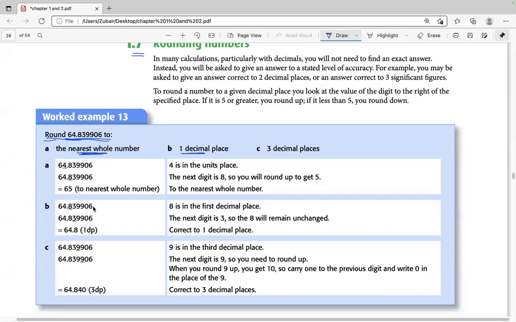One decimal place: 64.8. Correct. Three decimal places: 64.840. Correct. This 9 is rounding up, and that rounds the other number again because we cannot write 10 in that place.